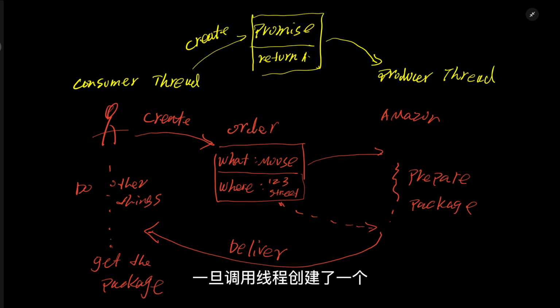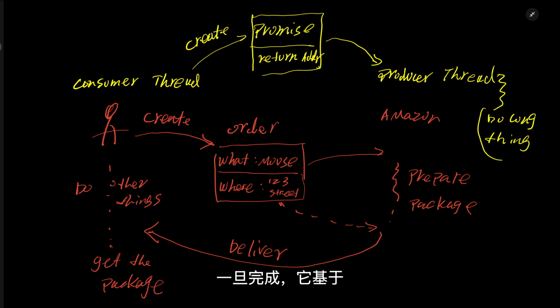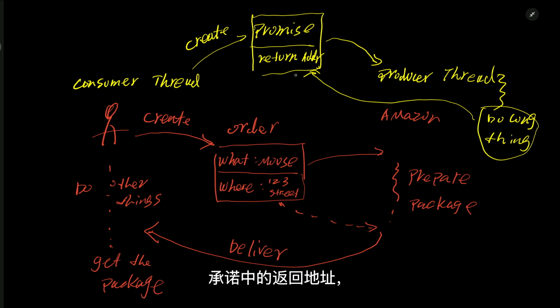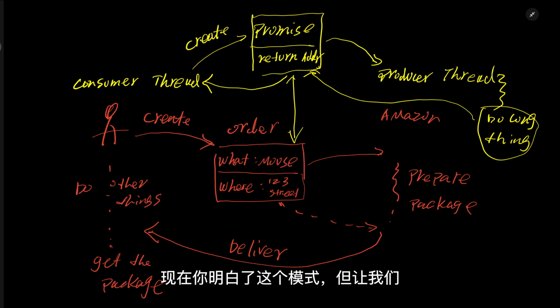Once the calling thread creates the promise, you just continue to do other stuff. And the producer thread, the Amazon thread, gets the promise and starts doing its job. Once it's finished, based on the return address in the promise, it puts the result into that address so that you, the calling thread, can get the result.